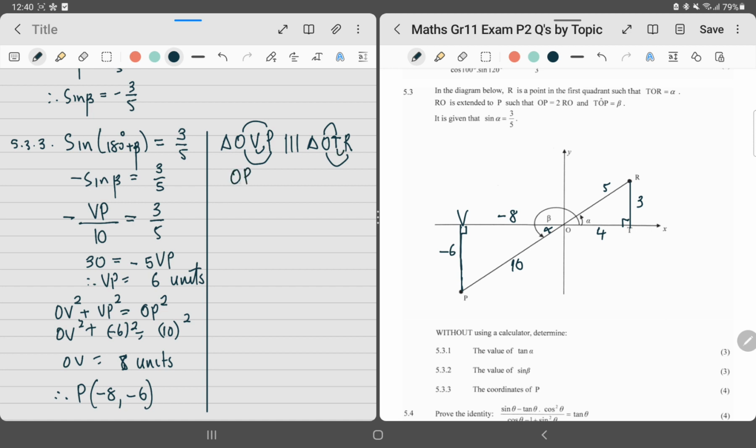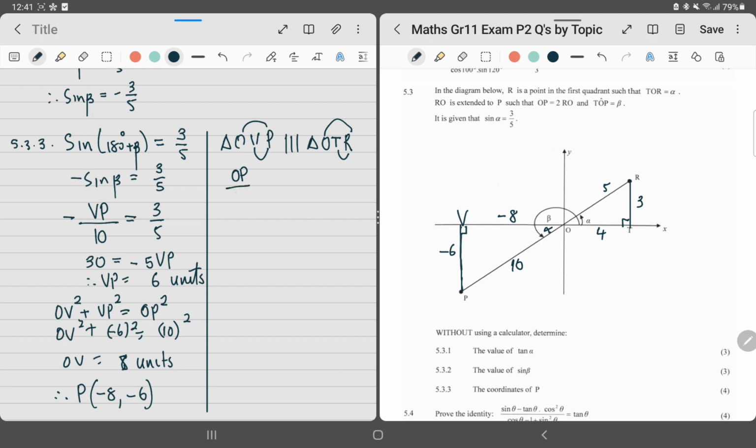So it is going to be OP over OR. I'm making a mistake here. So OP should go with OR, and then VP should go with TR.